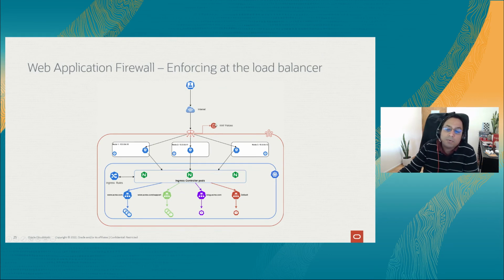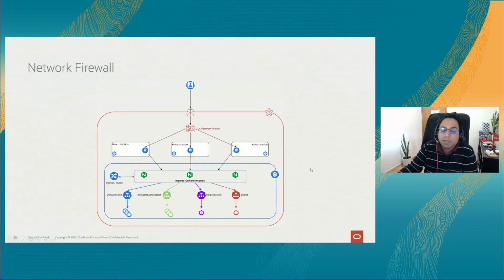Similarly, if your application is running internal, where the load balancer is private only, you can still define the WAF policy to protect your application. In this case, there's no need to restrict from the edge, but you can still apply the WAF policies to protect your application.